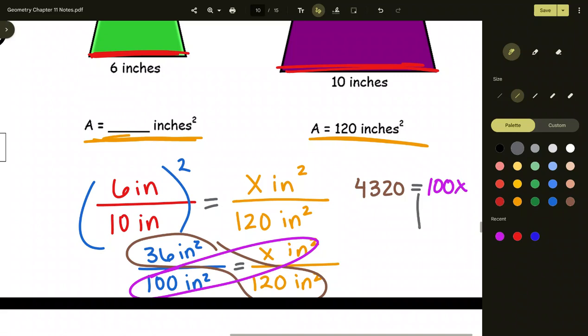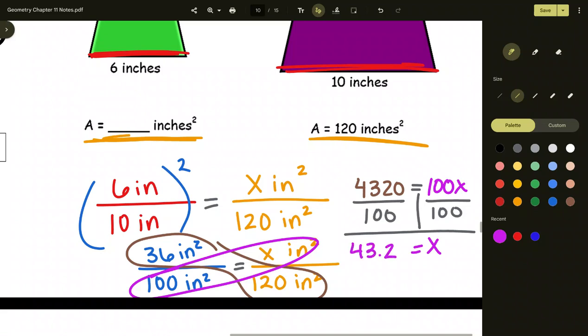And we do our mini t-chart. We would divide by 100 on both sides, and our x value comes out to be 43.2, which means the area of our original trapezoid on the left was 43.2 inches squared.